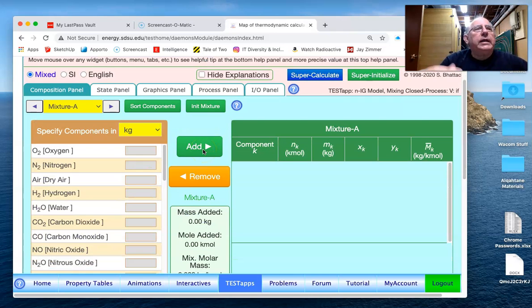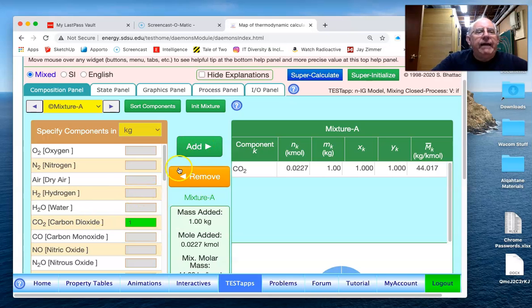Again, all we need in this particular mixture is to get the proportions correct. So for equal mass mixture of CO2 and water, we are going to say 1 for the CO2, and we're going to add that, and 1 for the water, and we're going to add the 1 there.